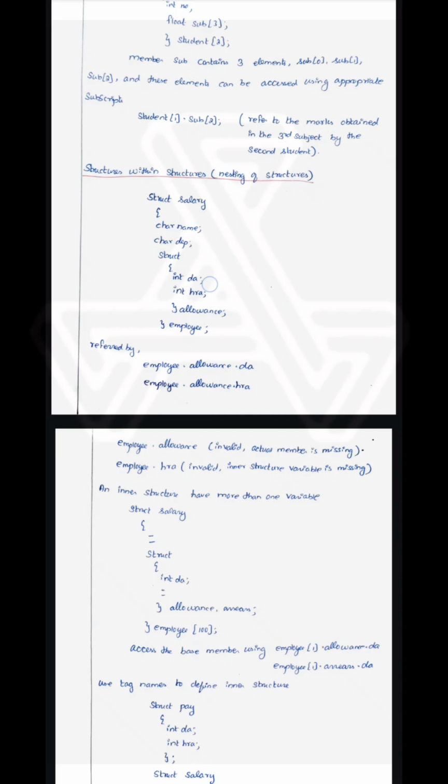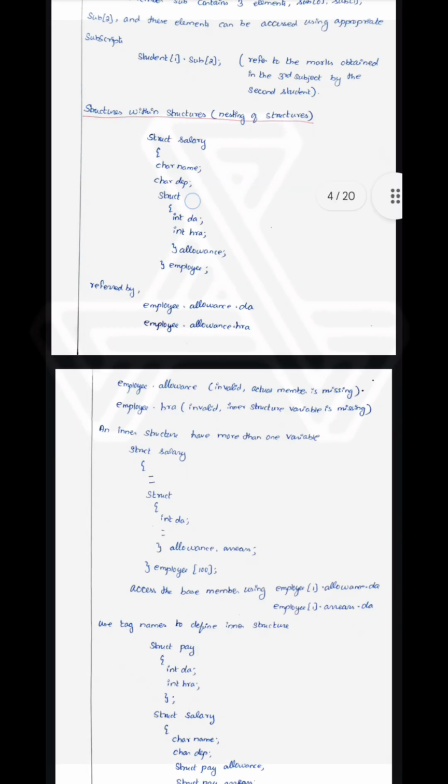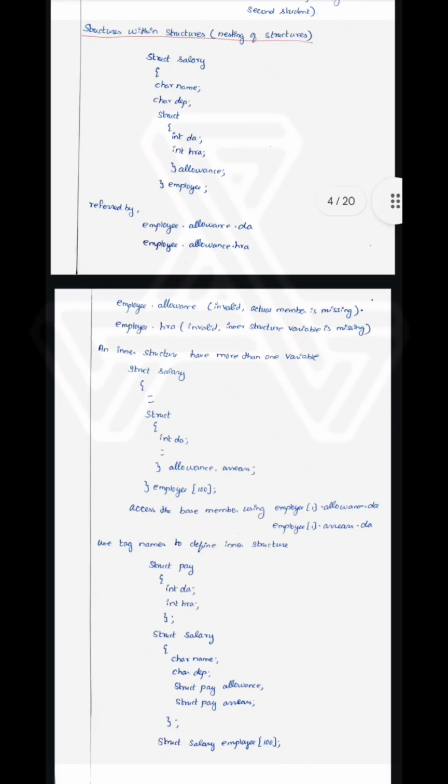It is referred to by employee.allowance.da and employee.allowance.hra. Employee.allowance is invalid because the actual member is missing. Employee.hra is invalid because the inner structure variable is missing.